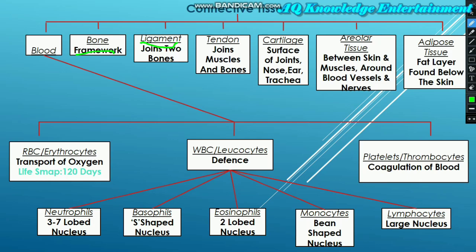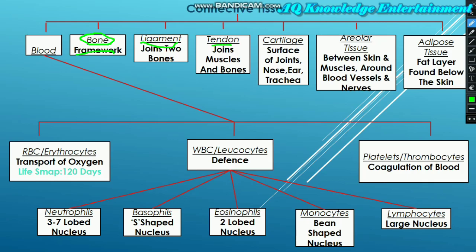I forgot to tell you before that bone has a hard matrix, meaning hard material that is composed of calcium and phosphorus compounds. And the ligament has very little matrix. It does not have much material in it. So the ligament basically joins two bones, bone and bone.